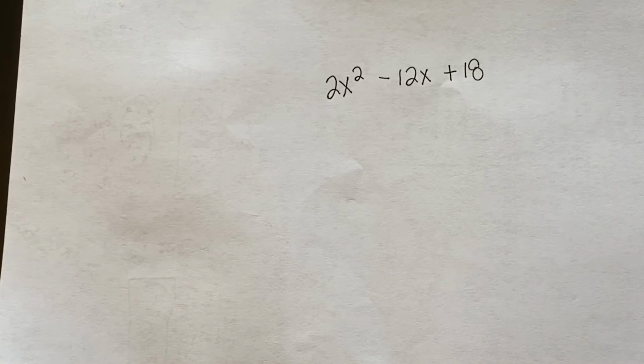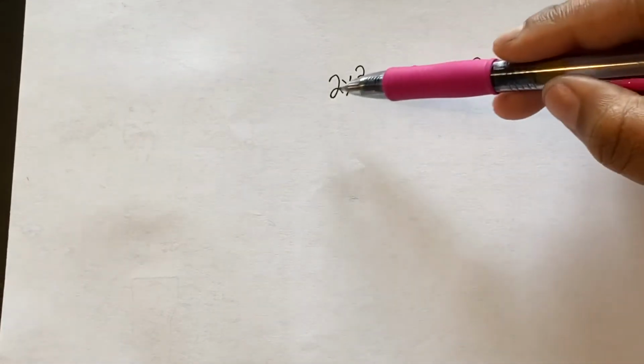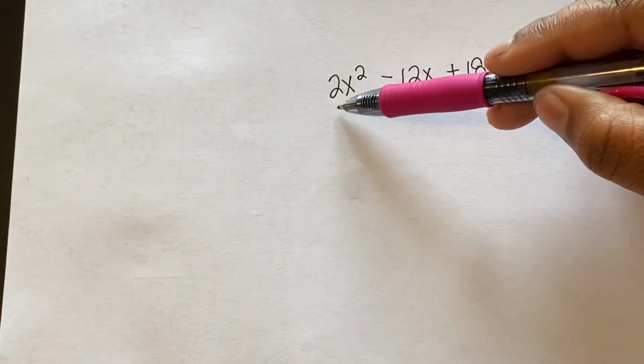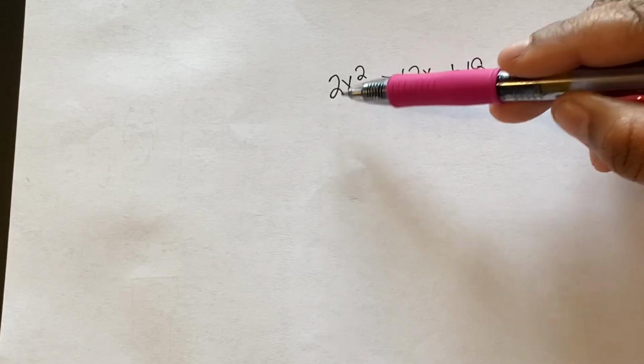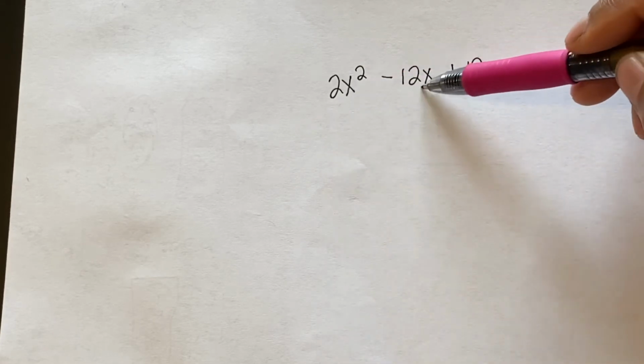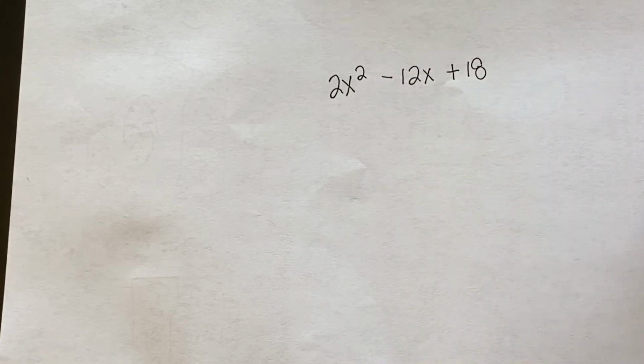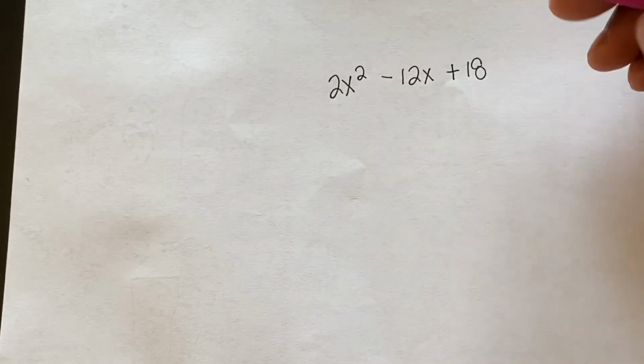Well, you would say first that this trinomial has an a term that's not 1. And you might say, okay, I need to use the grouping method. But if you look at all the terms, they share a common factor.